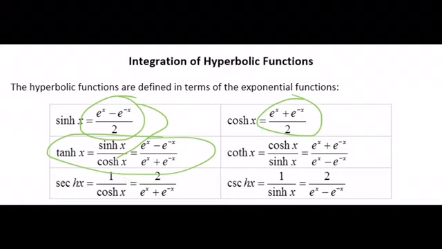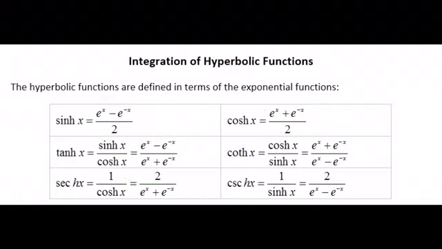The same with hyperbolic cotangent. Hyperbolic cotangent is the reciprocal of hyperbolic tangent. Therefore, hyperbolic cotangent is equal to hyperbolic cosine over hyperbolic sine. In terms of exponential functions, it's the reciprocal of hyperbolic tangent.